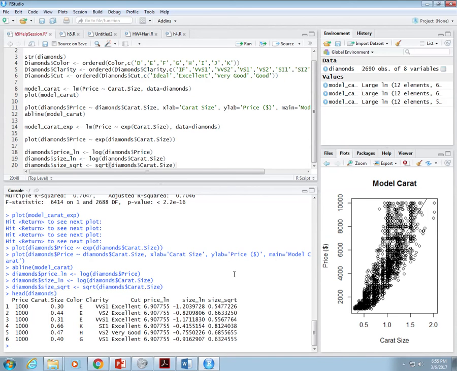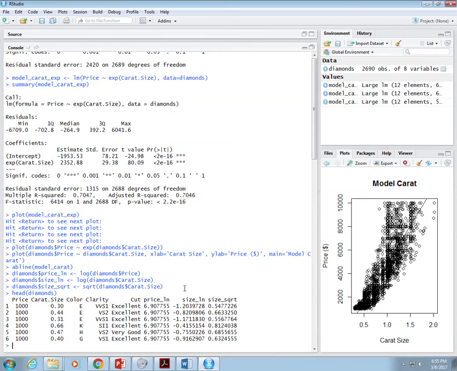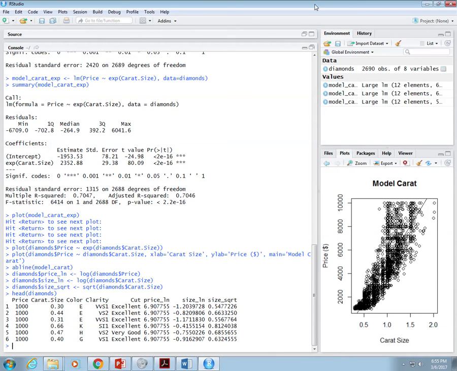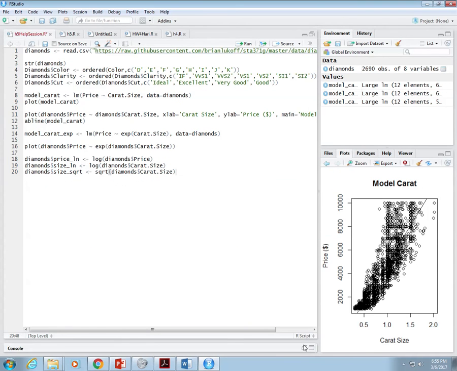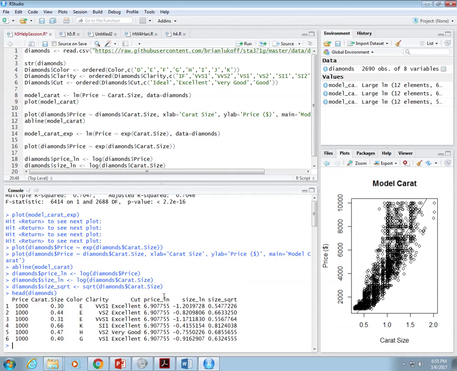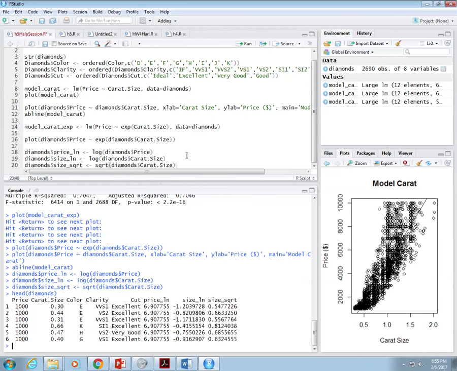Can you all see that? No. Yep. How come the natural log for price has the same number for all 6 of them? For these first 6, the price is all the same, 1,000 here. But I'm sure we have some other ones.